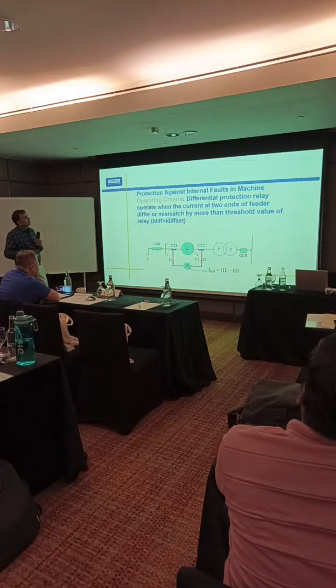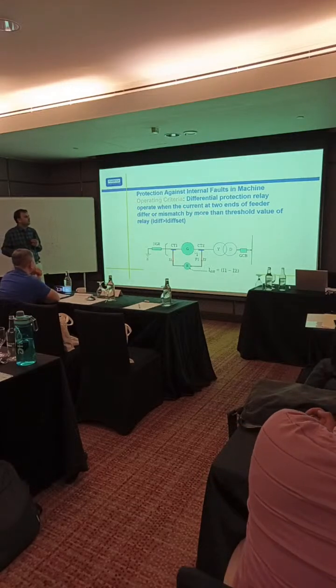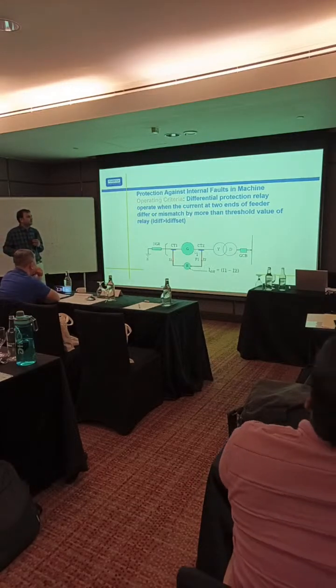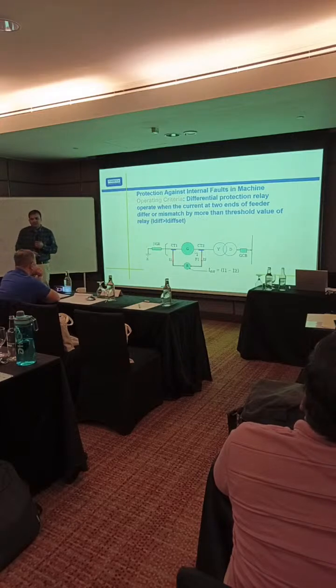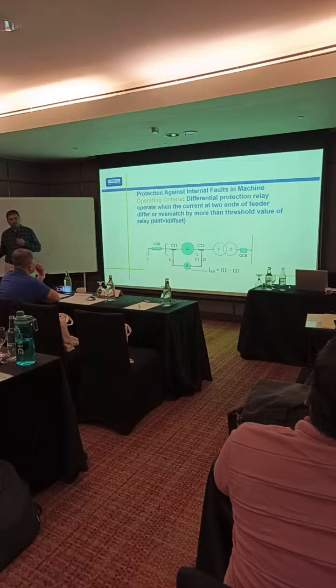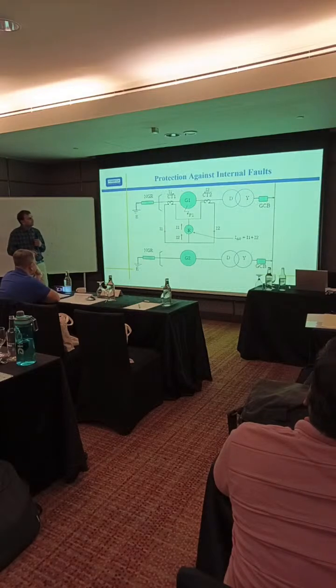So the differential protection relay operates when the currents at the two ends differ or mismatch by more than a threshold value. This is the main concept in all differential protection, not only generator, but transformer and line differential also. So this is also the same.